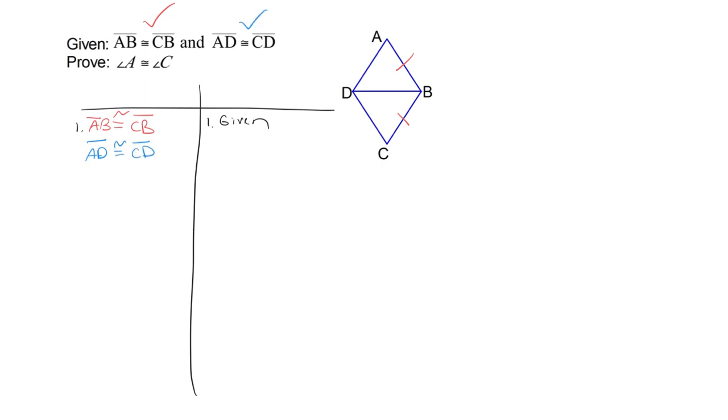So on my picture, I'm going to mark off AD and CD with 2 tick marks so I can tell the difference between what pairs are congruent. All right, so even though this says to prove these two angles are congruent, I have to first prove the two triangles are congruent. So I'm stuck, so I look at the picture. Hopefully we all see, oh, reflexive property again. So I use that.